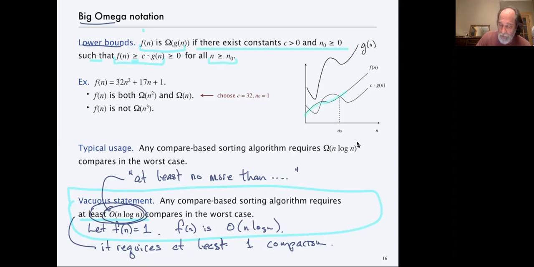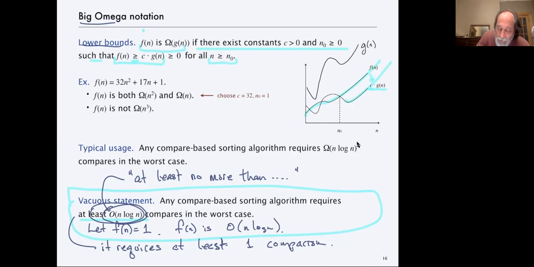So this is f of n. To say that f is big omega of g of n is to say that there's some constant so that when we take C times g of n, we get a function that's always smaller than f of n.